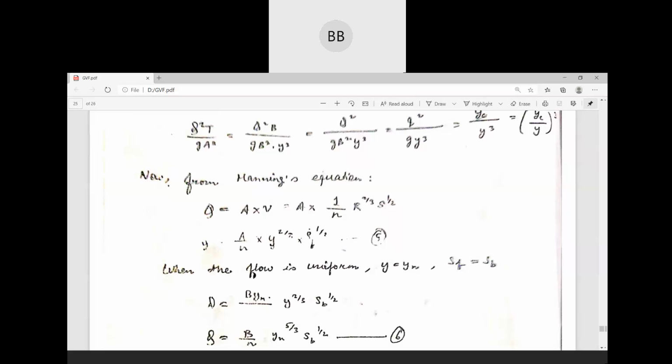Now then again we use our Manning's equation. This is equal to area into velocity. For velocity we use Manning's equation, 1 by n R to the power 2 by 3 S to the power half.